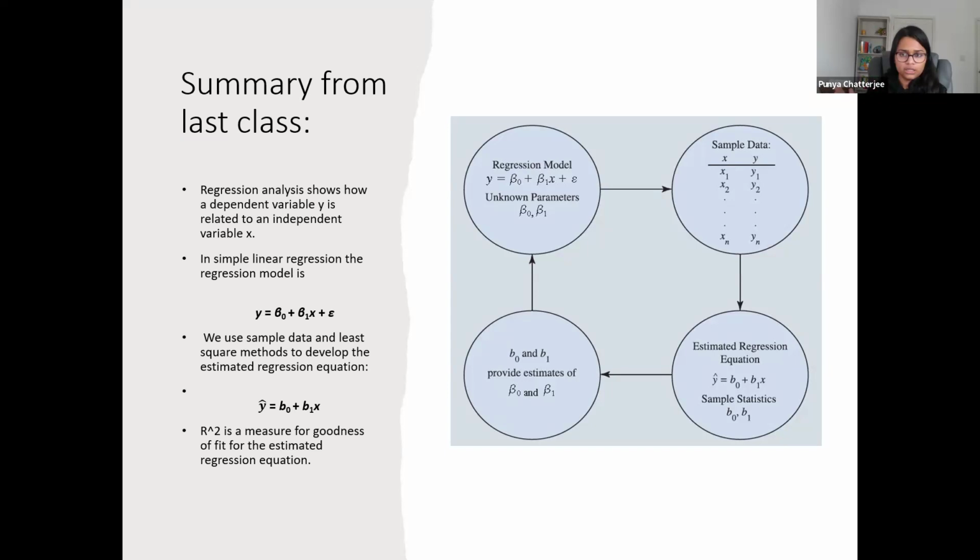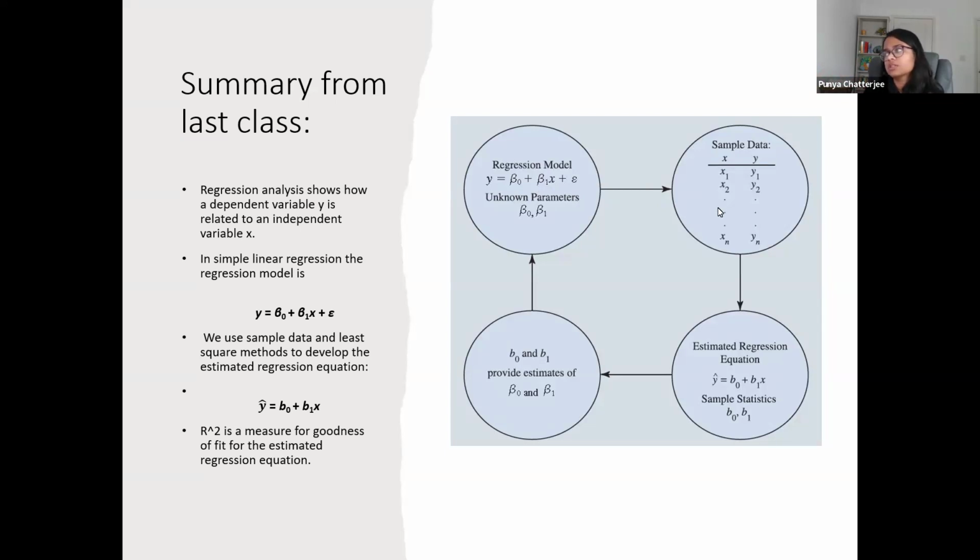The simple linear regression model says that y, your dependent variable, equals a constant plus something multiplied by x. That means it's related to x through these parameters, beta naught and beta 1. The error term captures the variability that cannot be explained by x, the variability of y that cannot be explained just through x.